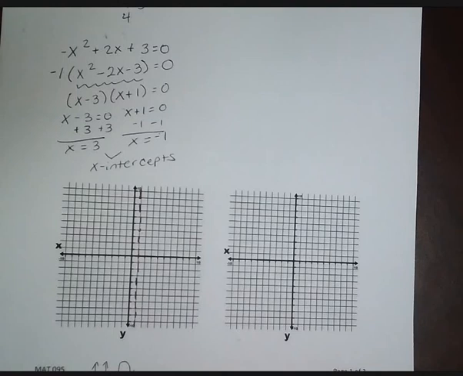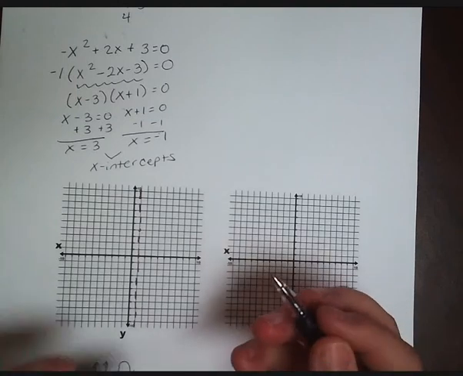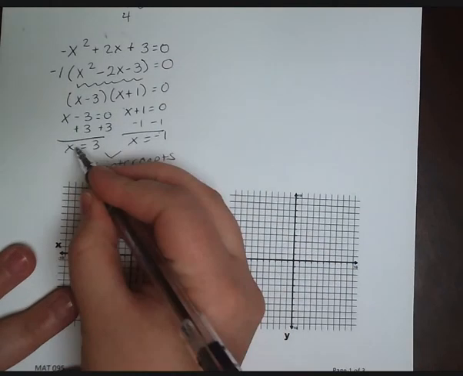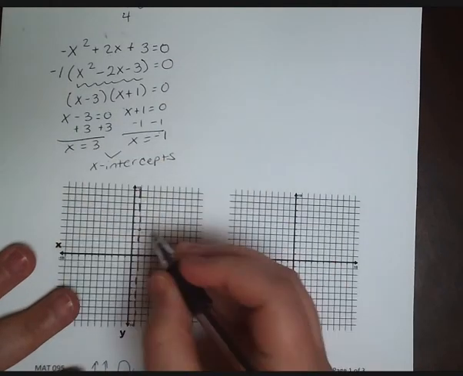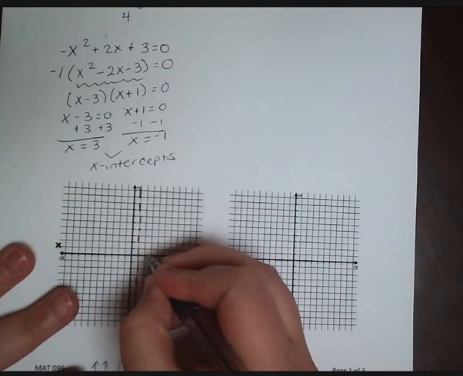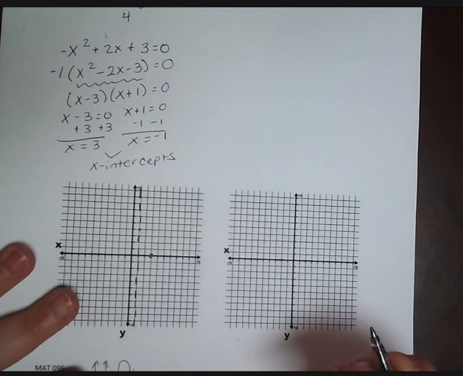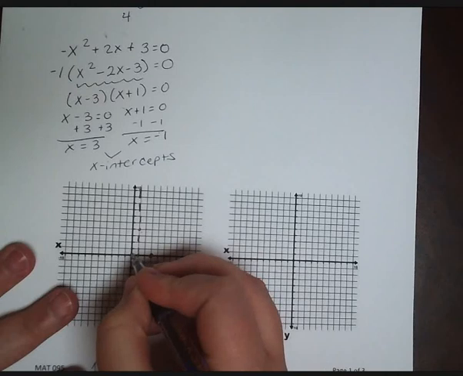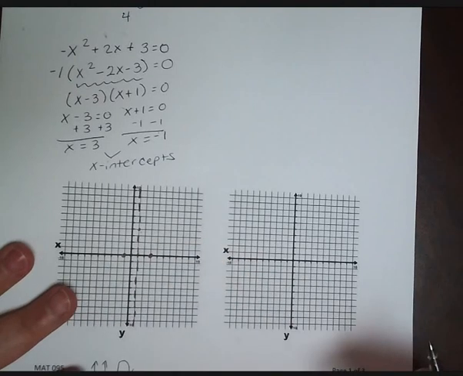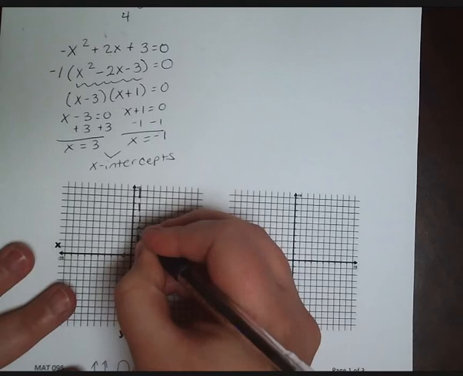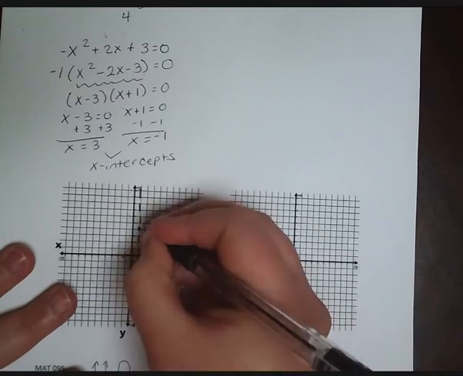So, if we're using our x-intercepts, we would put a dot where x equals +3. So at 1, 2, 3 on our x-axis, and where x equals -1. Go -1, so 1 to the left. Okay? I'm going to make this a little bit darker so y'all can actually see that vertex.